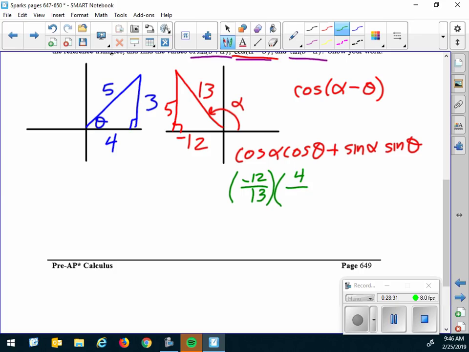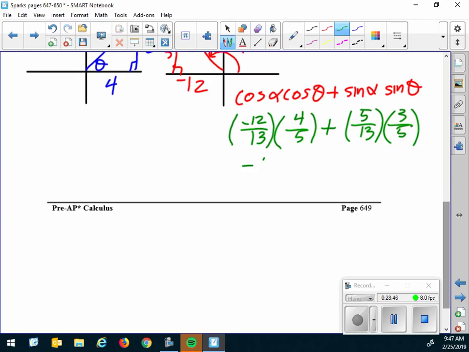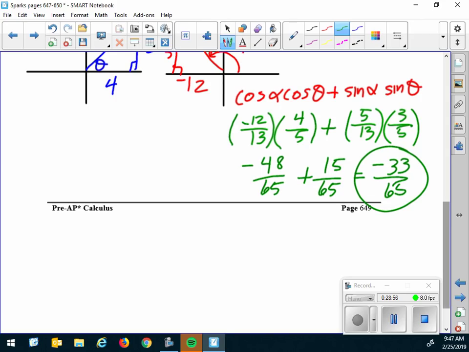Cosine of theta is 4/5. Sine of alpha is 5/13. Sine of theta is 3/5. Again, I'm going to stop and think, make sure I did this right. Okay, so that gives me negative 48/65 plus 15/65. So what, negative 33/65. Here we go.